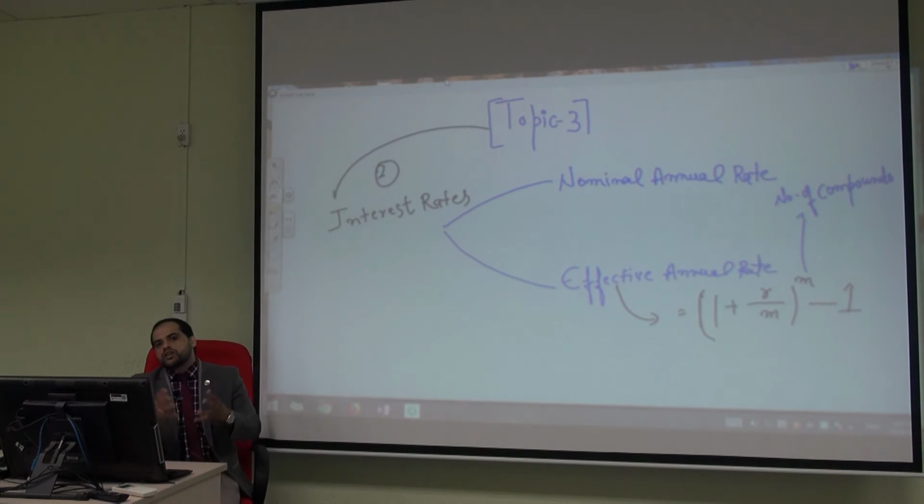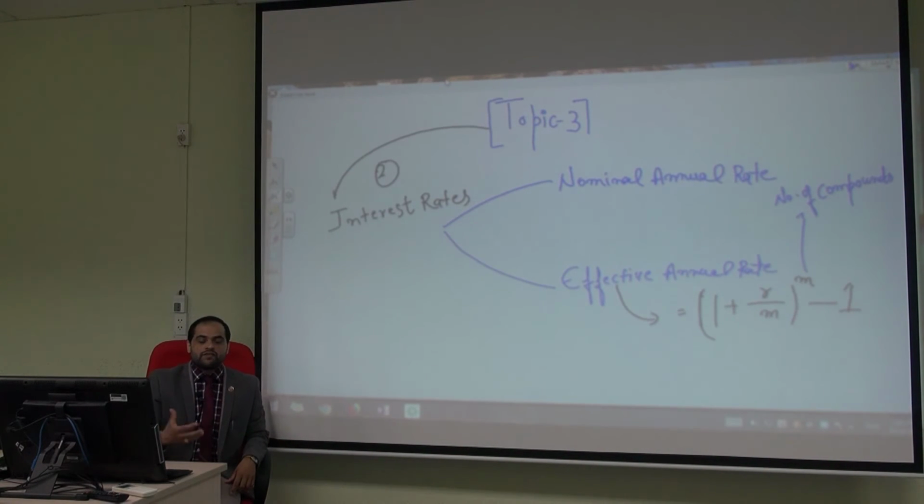So overall your interest rate will be higher than the annual rate. That's why the effective annual rate will be higher than the nominal annual rate.